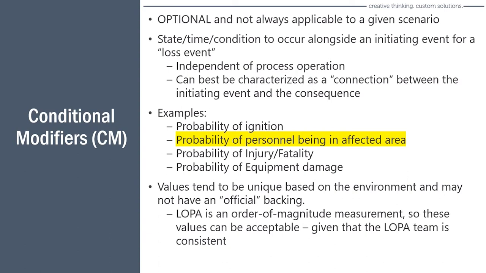So, for example, if you are transferring that acetone and you're worried about a fire that could cause somebody to get burned, maybe you only transfer acetone when no one's around, or you've designed it so that the acetone transfer process is totally automated and there's no operator involvement, or the control room is far enough away that they would never be impacted by it.